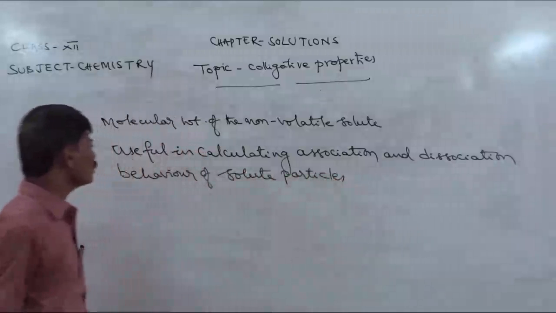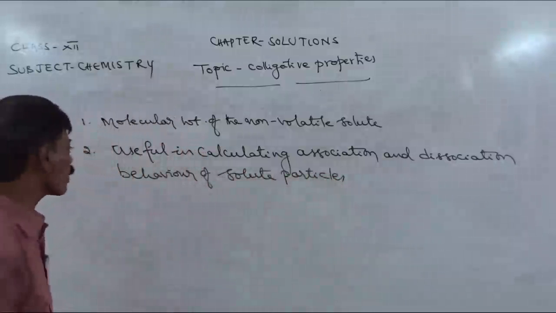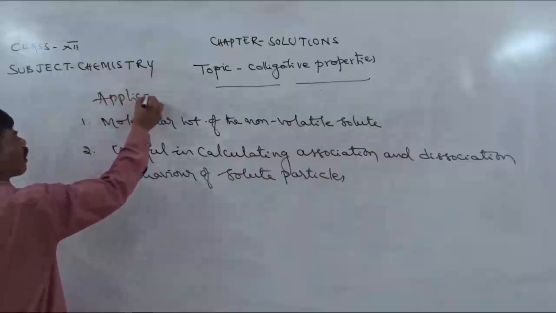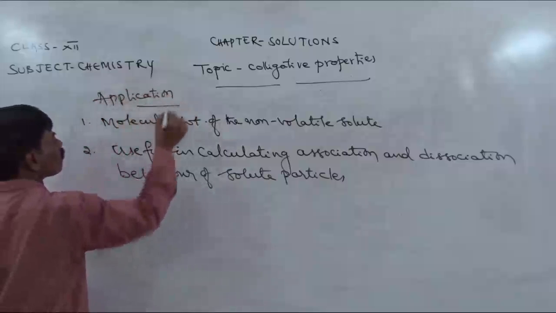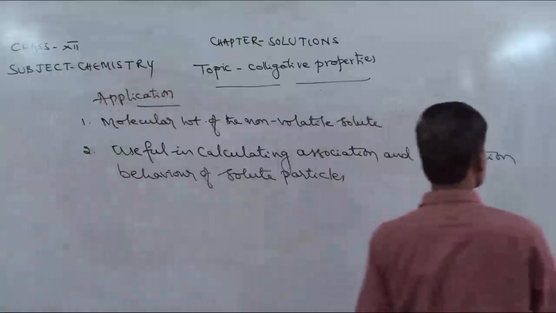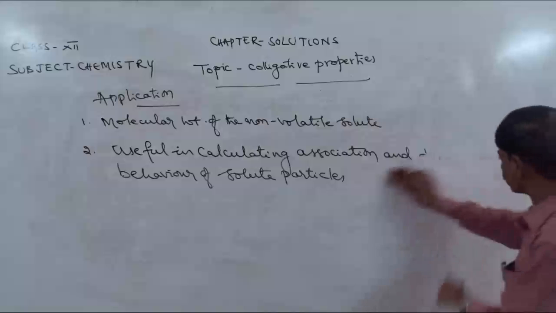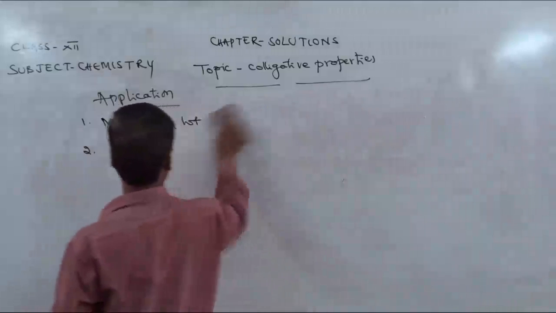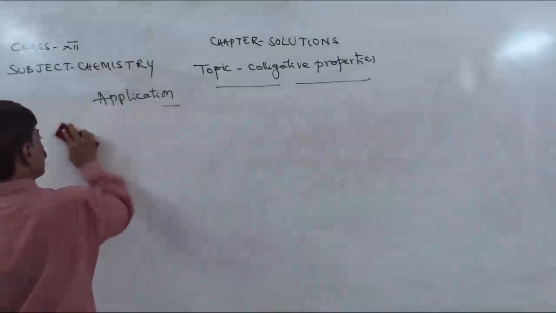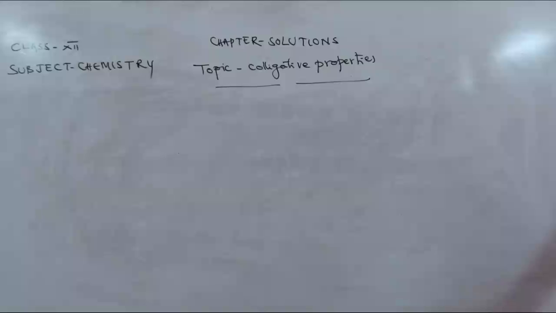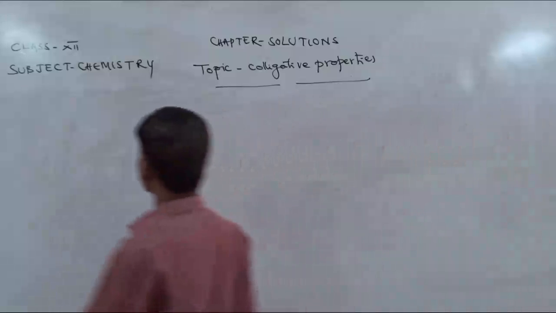So these refers to importance of colligative properties, or you can say applications of colligative properties. Next, after this, we have colligative properties like relative lowering in vapor pressure, elevation in boiling point, depression in freezing point, and osmotic pressure. Now let us see these one by one.